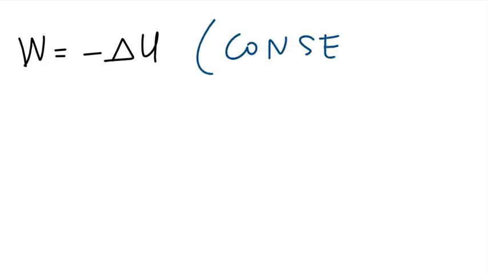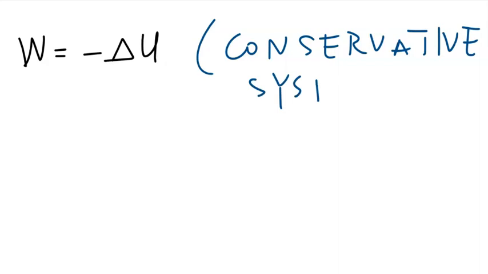So we see for conservative systems only, the work done is minus the change in potential energy. So this is only for conservative systems, namely systems acted upon by conservative force.